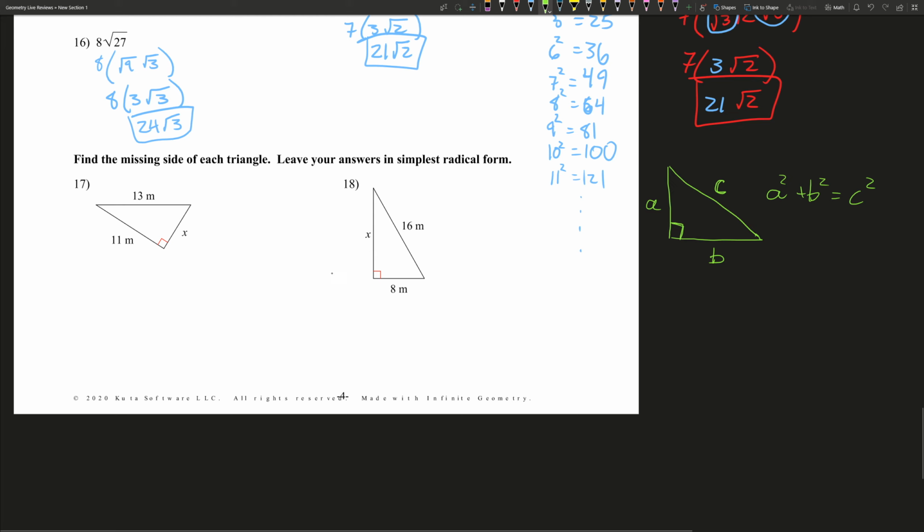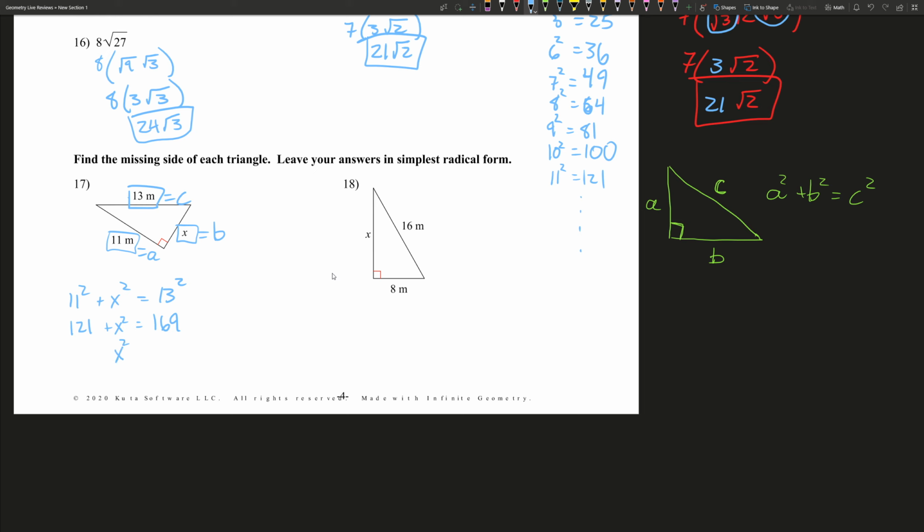Okay, so for our number 17, 13 is our C. We can call 11 A, and X is our B. So if we set this up, we have 11 squared plus X squared is equal to 13 squared. Then we're just solving for X. Okay, so 11 squared is 121, and 13 squared is 169.